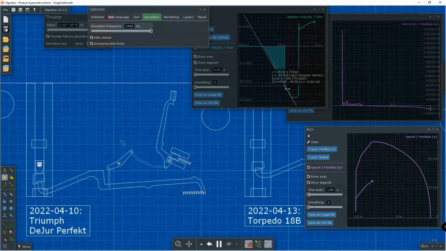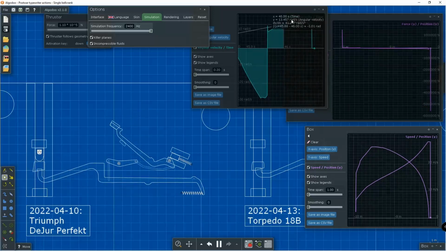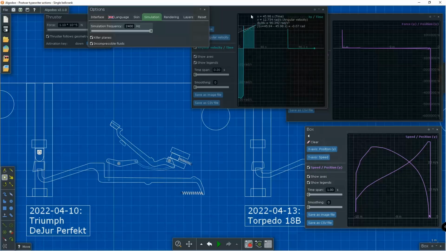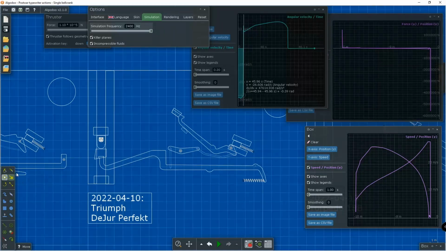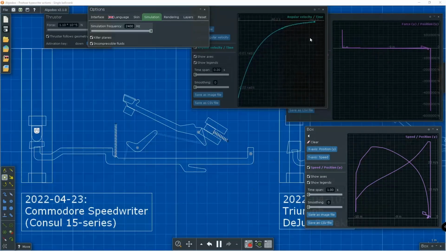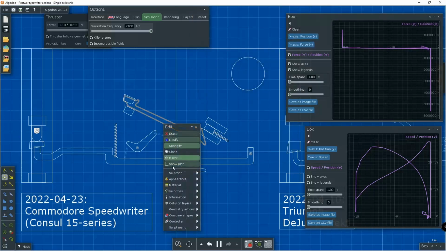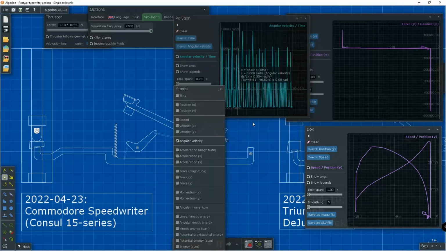So again, linear, but now we can see it's initially higher, and then here it kind of bows off. But yeah, the point is some machines seem to be able to, at least in simulation, return the type bars more quickly. So now let's look at the console.